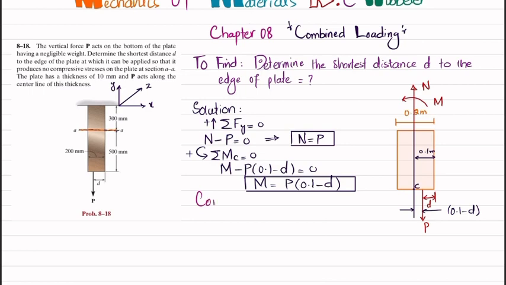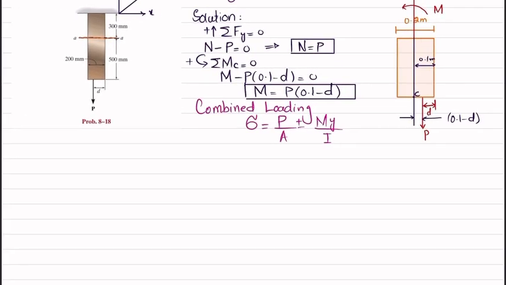So I will write combined loading, and we know that in combined loading the formula is normal stress equal to P by A plus or minus M into Y divided by I. Since we are talking about compressive stress, sigma is equal to P divided by A minus M into Y divided by I.